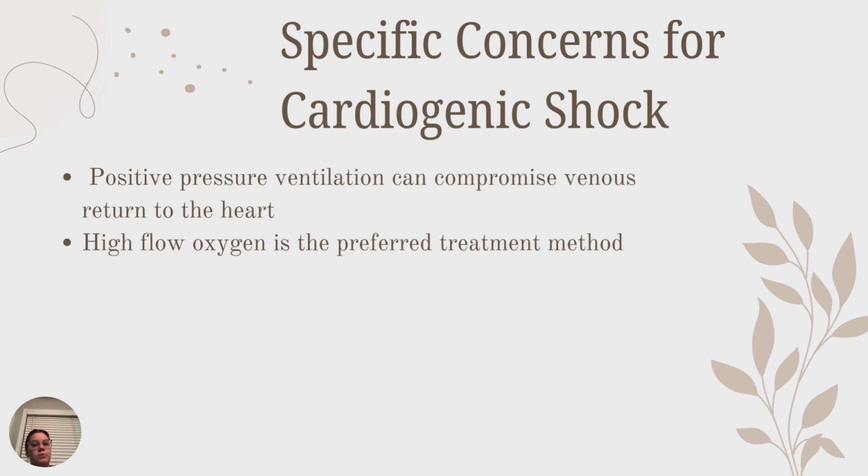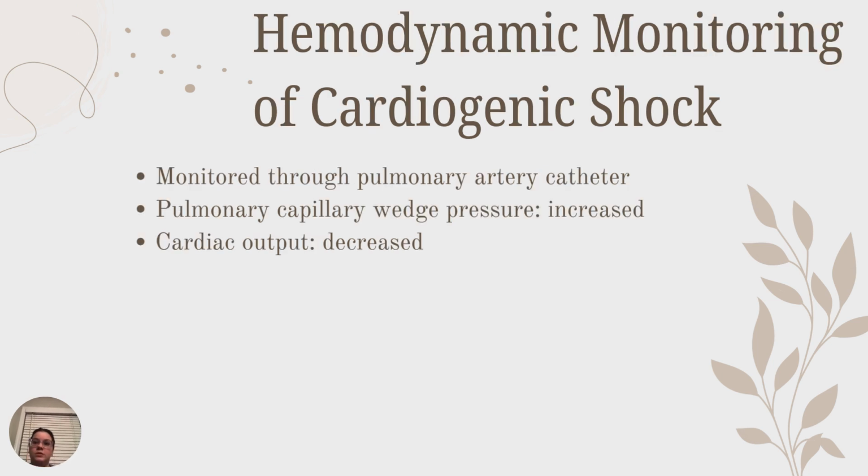We looked at some different things you can expect to see based on hemodynamic values, such as a ventricular septal rupture, mitral regurgitation, and right ventricular infarction. We looked at what pharmacologic treatments you can give for cardiogenic shock, what you expect with your ABG, what you can do in terms of mechanical ventilation, and what you should watch out for with giving positive pressure ventilation.